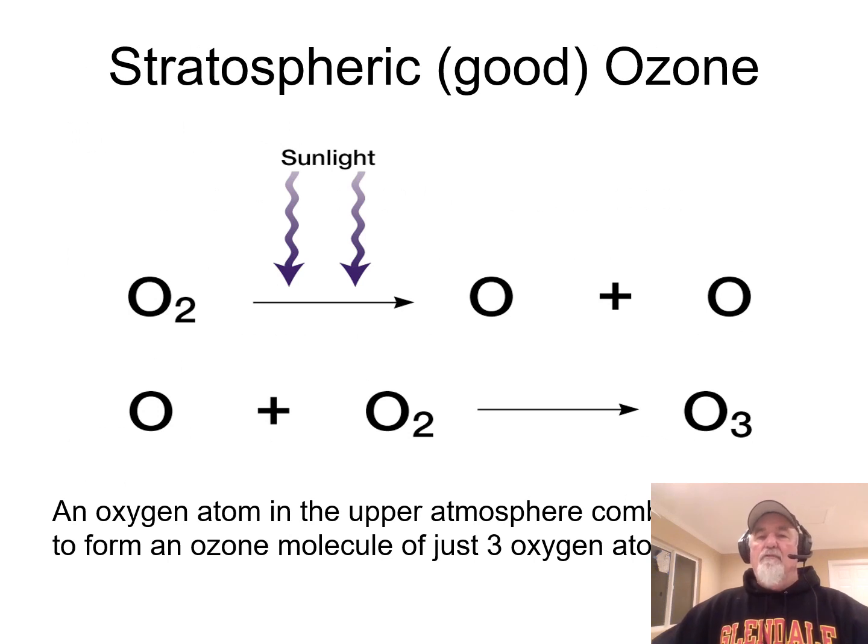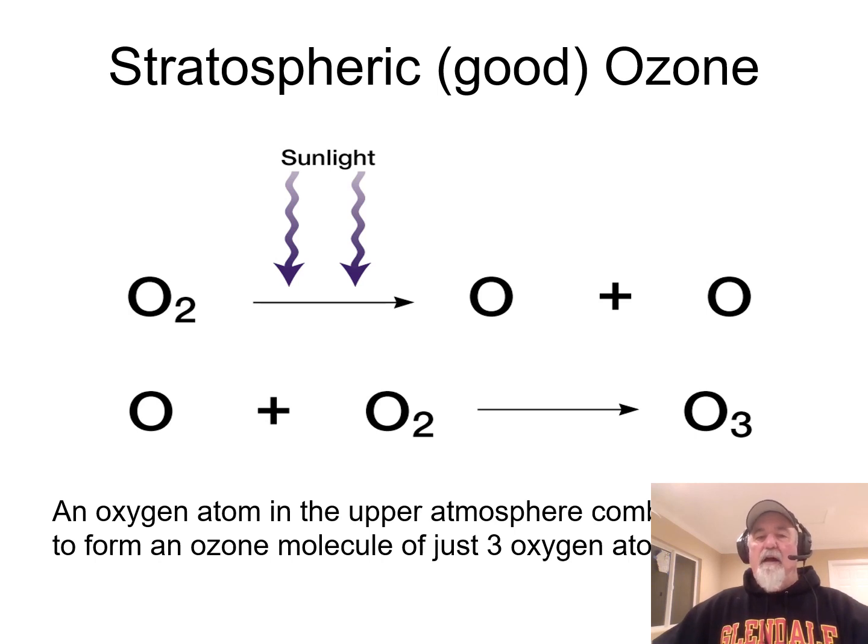So natural ozone forms when sunlight splits natural oxygen, or O2, into two individual oxygen atoms. So the bond between those two oxygen atoms, between that oxygen molecule, is split, frees up these oxygens, and they can recombine as O2, but they'll get split again.